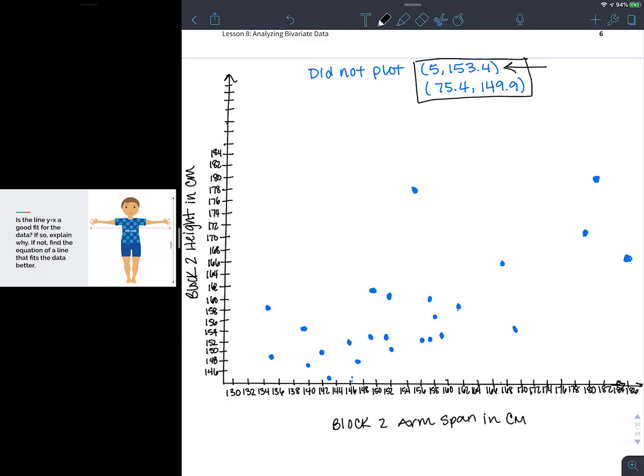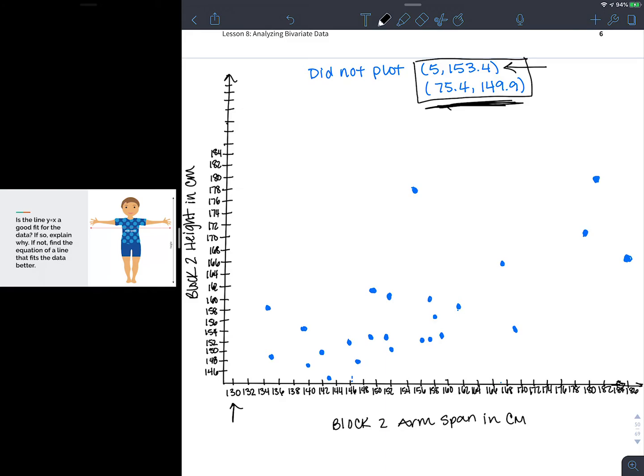That didn't quite make sense, and I didn't want to start my scatter plot all the way at 5. And then this other point just didn't really necessarily fit in with the rest of the data, so I left it out because, again, I wanted to start my graph at 130 and I didn't want to start at 75.4. So that was the reason for just leaving that other one out.